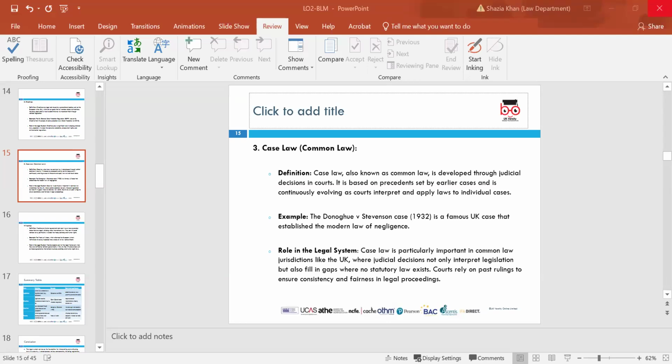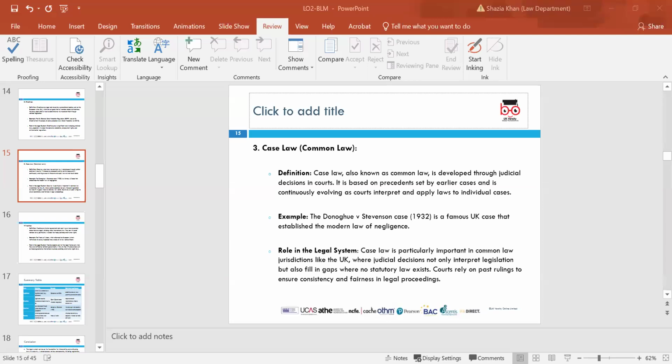Similar cases are decided consistently, making the legal system more predictable and ensuring that individuals are treated fairly and equally. It also allows for legal development. Case law allows the law to adapt and develop over time as judges reinterpret legislation and apply it to new situations or technological advances.